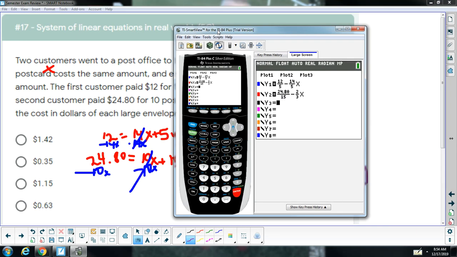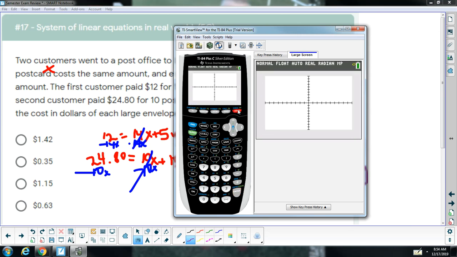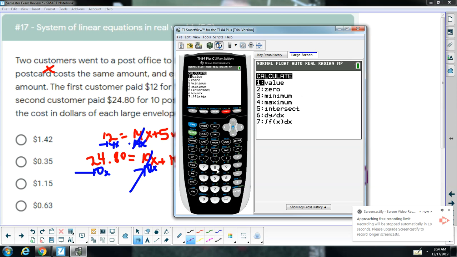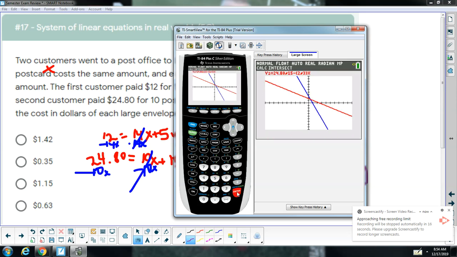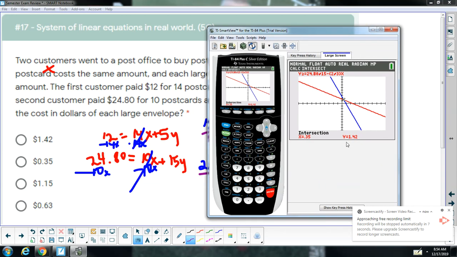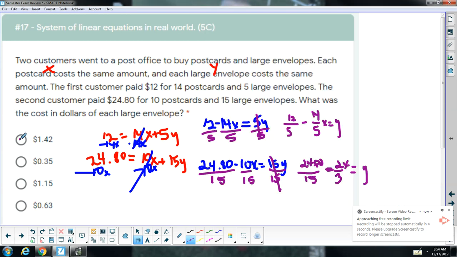Okay, so now that they're both in there, I'm going to hit my graph, and I'm going to want to see where my two lines intersect each other. Okay, since I do see that intersection, I'm going to find the intersection by hitting second, trace, 5, enter, enter, enter. And down here, it gives me 0.35 and 1.42. We're looking for envelopes, which is y, so 1.42 would be our answer. A.